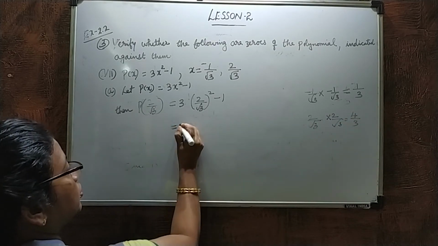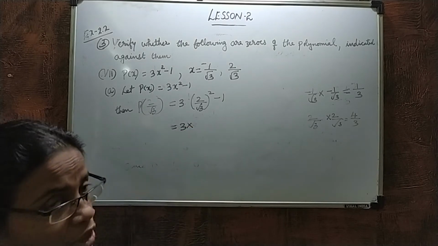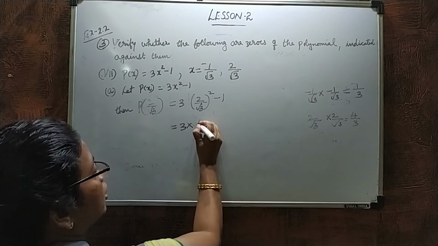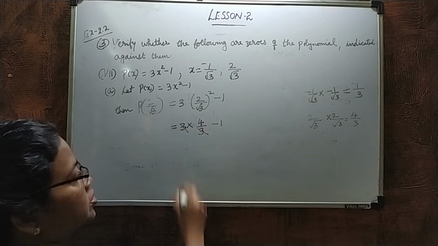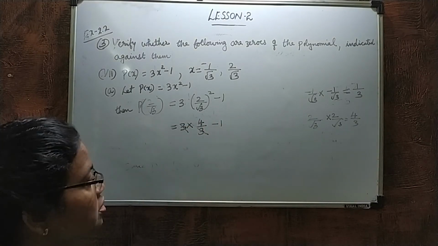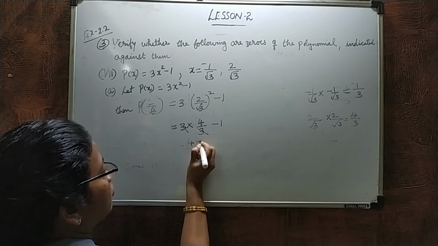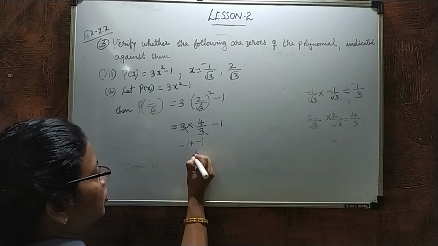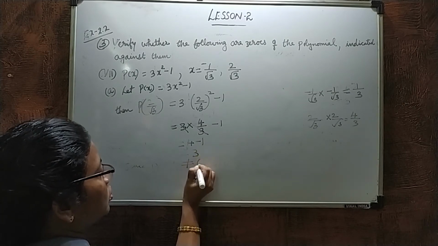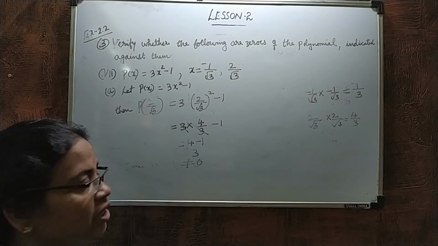Equals 3 into 4 by 3 minus 1. 3 and 3 cancelled. Right? Balance, what is that? It is 4 minus 1. What is 4 minus 1? It is equal to 3. It is not equal to 0. And what do you have to write then?